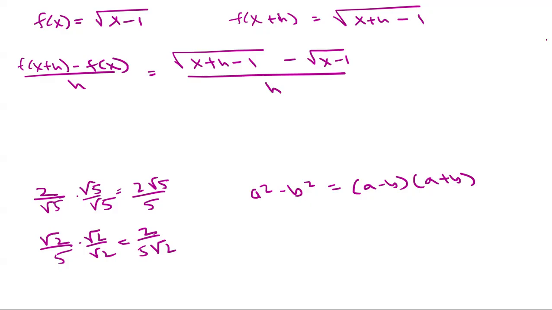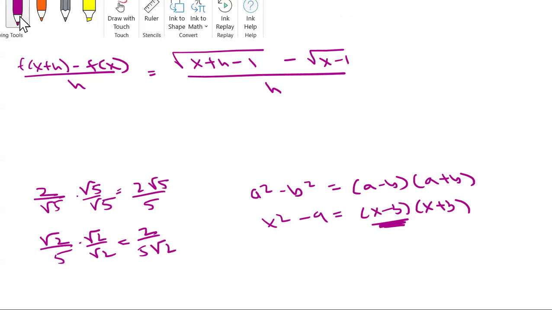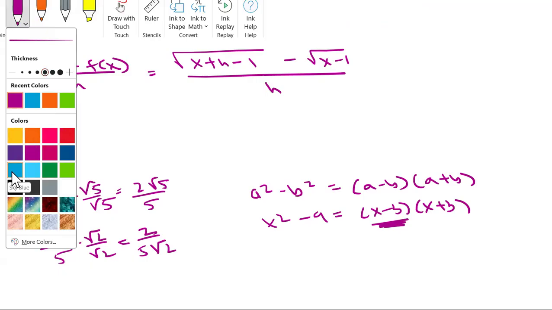If you had x squared minus 9, that factored into x minus 3 and x plus 3. So if you had x minus 3, the conjugate would be x plus 3, and vice versa. If you had x plus 3, the conjugate would be x minus 3. So in this case, we're going to multiply by the conjugate.